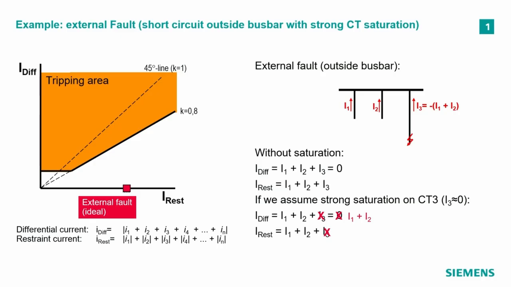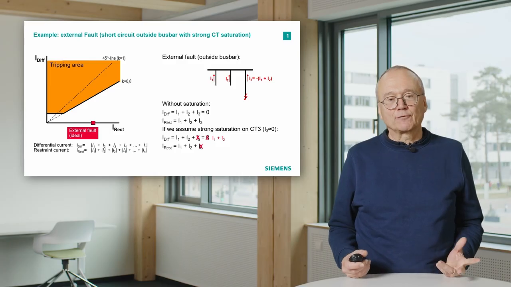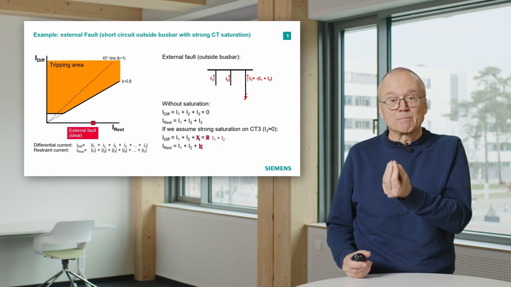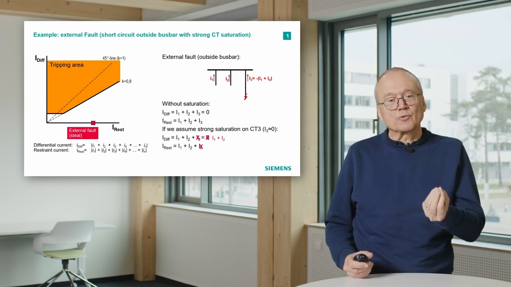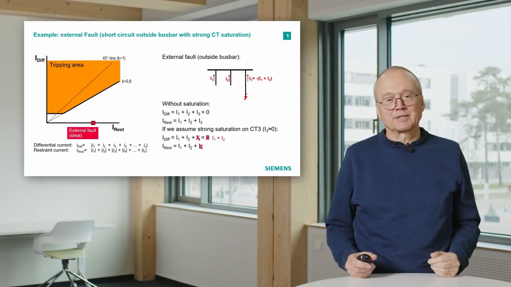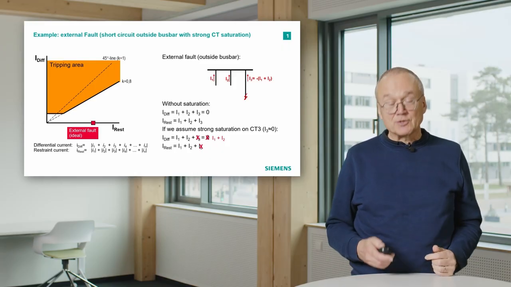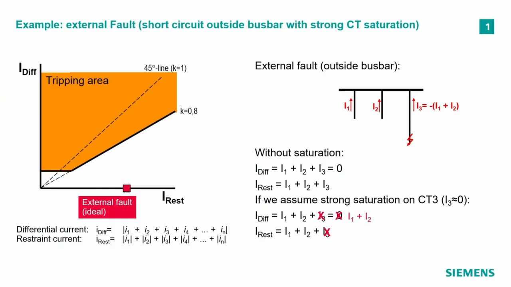Then the differential current, because now I3 is missing, is only I1 plus I2. Also the restraint current is I1 plus I2, and that means our operating point now moves from here up into the tripping area based on this saturation effect.